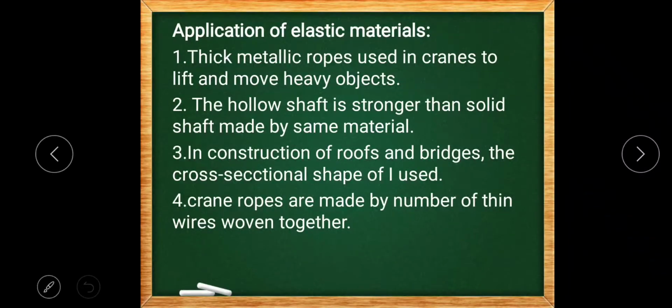Next, the second one: the hollow shaft is stronger than a solid shaft made of the same material. Here the torque required to twist a hollow cylinder is greater than to twist a solid cylinder.